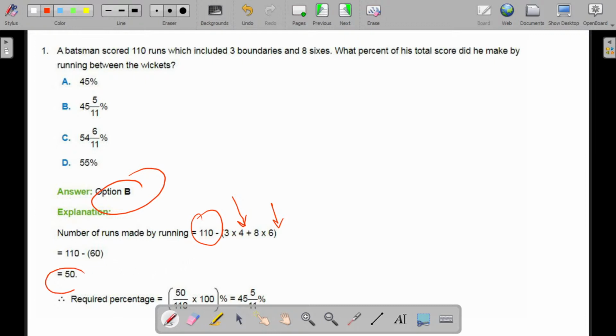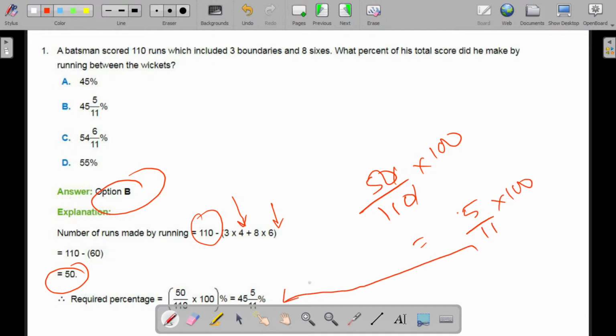So the total of 50 is his score running between the wickets. So 50 divided by the total 110, in terms of percentage, is 5 by 11 into 100, which is equivalent to 45 5 by 11 percentage.